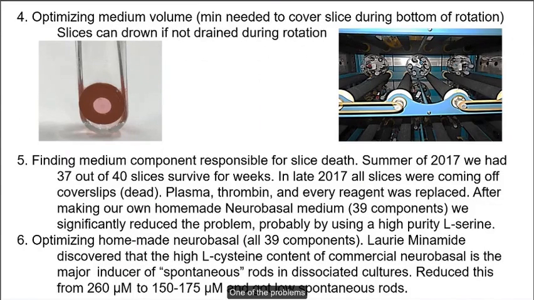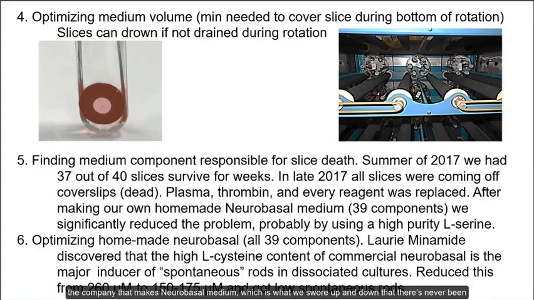So one of the problems that we also had was with our culture medium, and Lori spent roughly a year and a half or 2 years of her life trying to determine what was wrong with these cultures. It turns out, the company that makes Neurobasal medium, which is what we use, swore up and down that there's never been a change in the components of the medium. That's probably true, but the source of all the reagents in the medium does change.